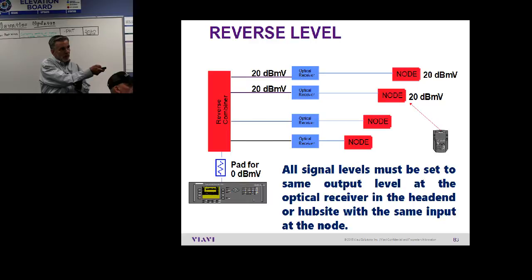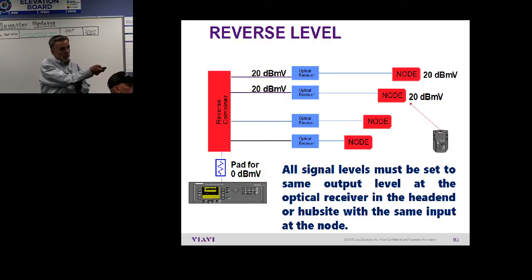Also, we have to make sure that we minimize the noise on a return path, because you can see I've got a noise level of minus 35 up there with just 4 nodes on it, right? Every time I double the number of nodes, my noise gets worse by 3 dB. So if I have 35 and 35 and I combine those two, my noise is going to be 32.